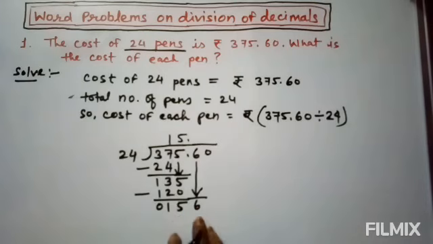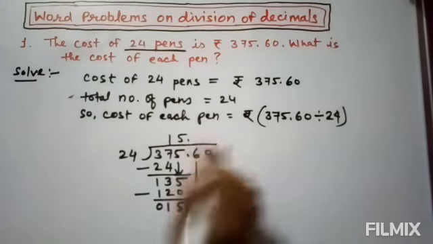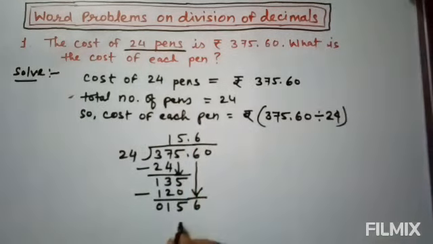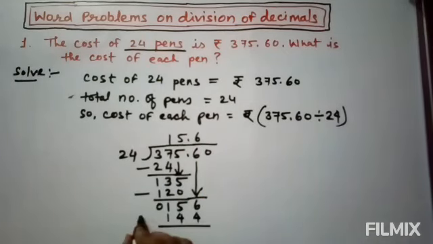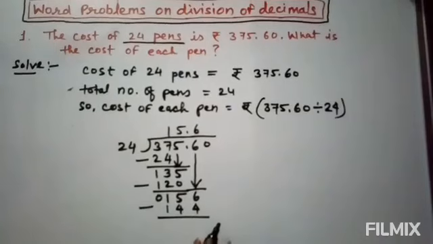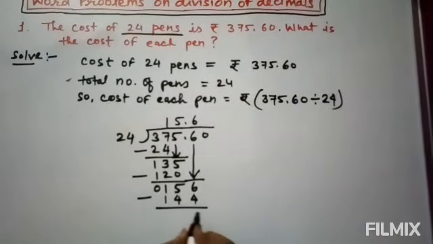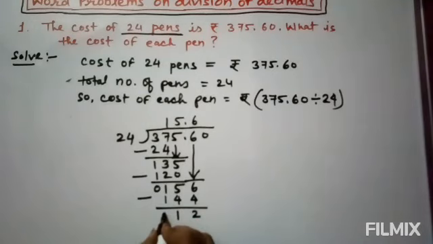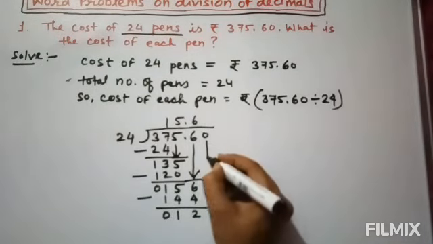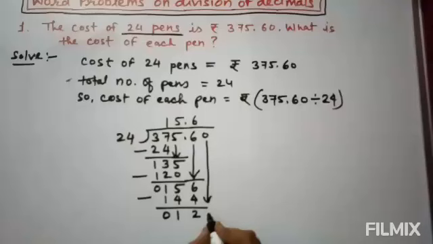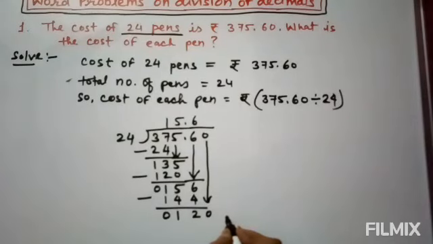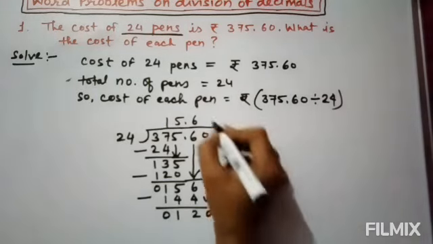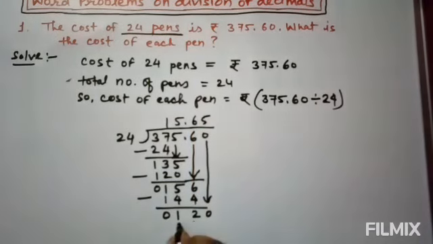Now this is 156. 24 sixes are 144. Subtract the number. Drop the other number. And 24 fives are 120.